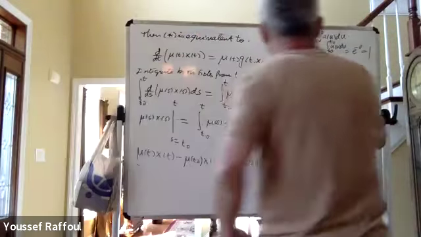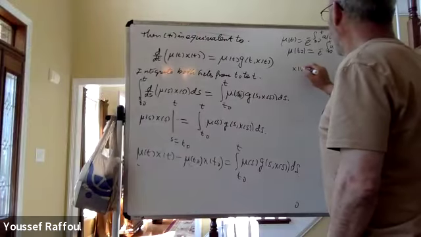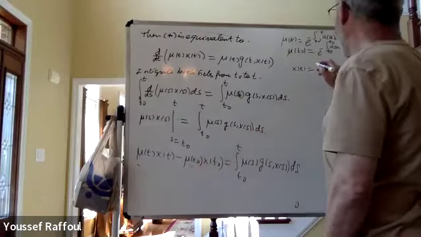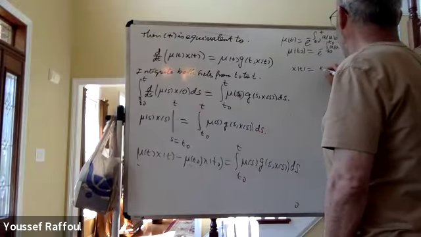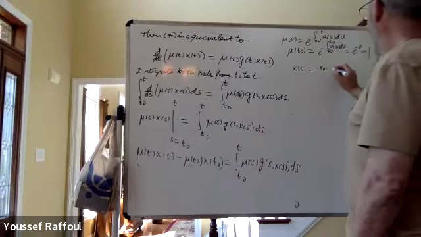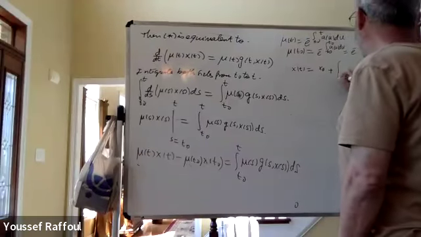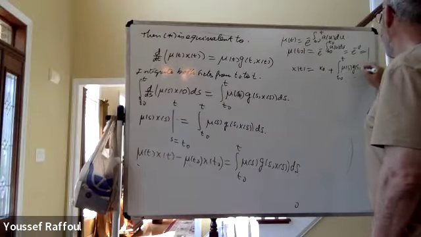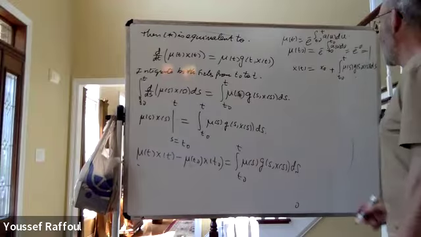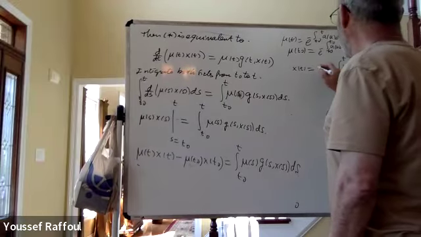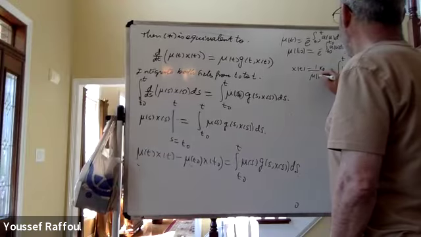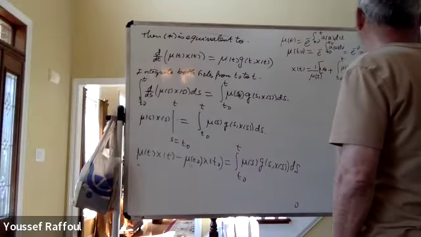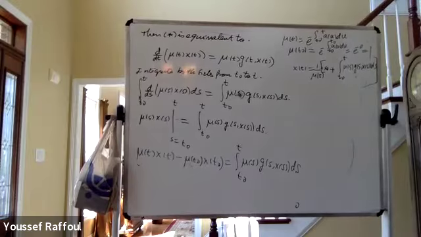So we're going to have x(t) equal to, this is 1, so let's take it over there, and x(t naught) equals x naught, so x naught, plus the integral from t naught to t of mu(s) g(s, x(s)) ds. And this is 1 over mu(t). Okay? It's 1 over mu(t).